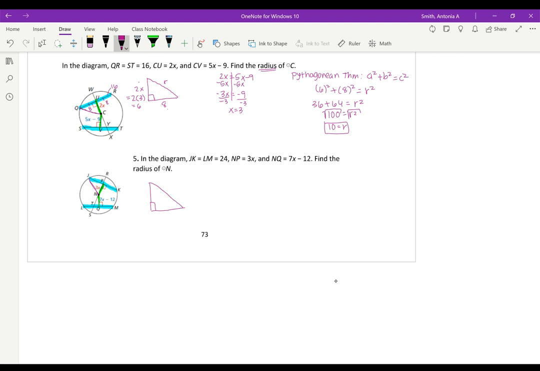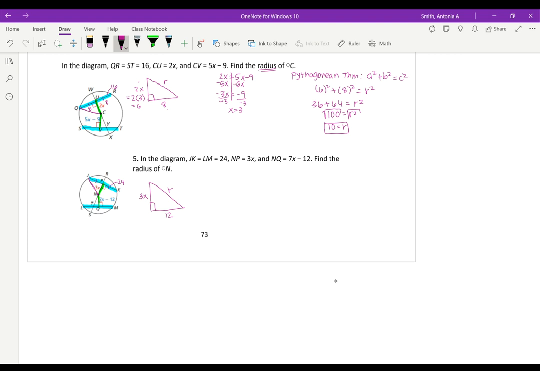This side is 3x. We know what this side is even though it's not in the picture, because this whole thing is 24 and this is a diameter that cuts it into two equal pieces. Each piece is 12. And then this is the piece I want to find, the radius.